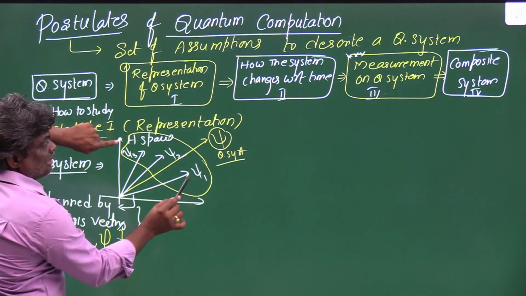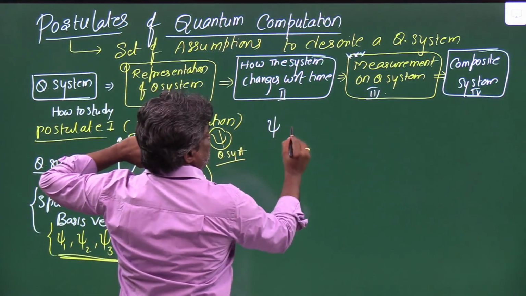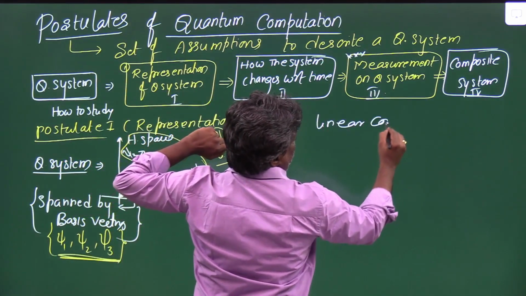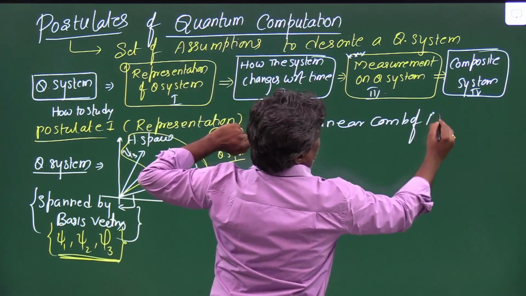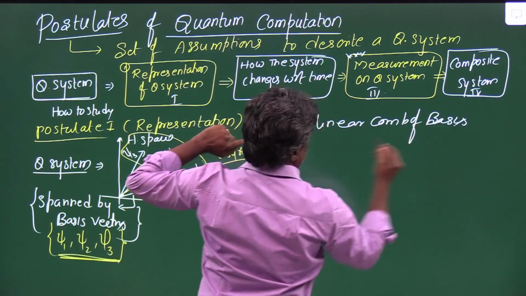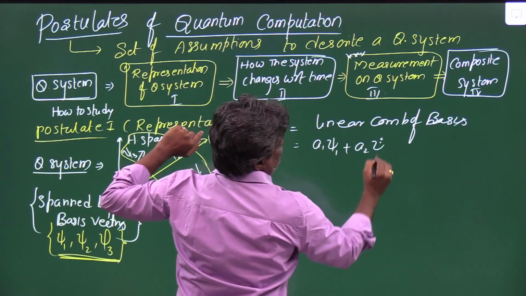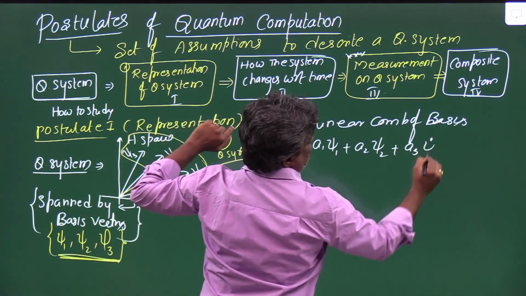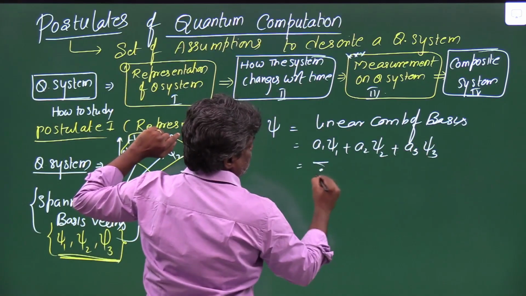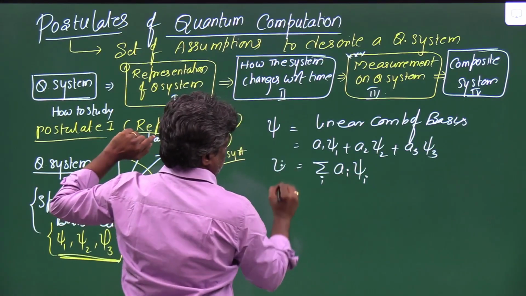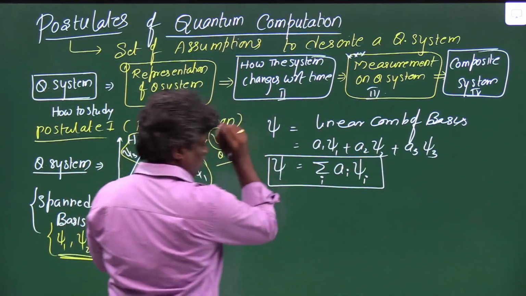That's why the quantum system is always a linear combination of bases. So I can take A1 psi 1 plus A2 psi 2 plus A3 psi 3. I can write this as summation over i of A_i psi_i.